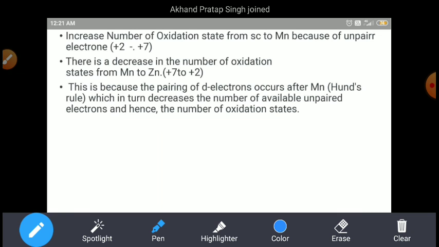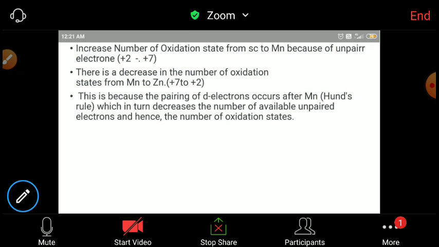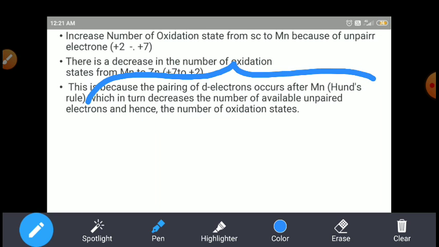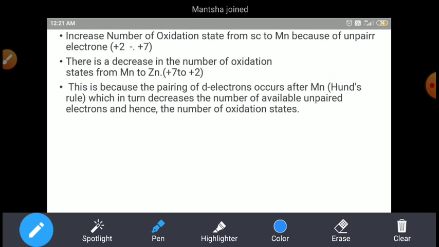This is because the pairing of d electrons after manganese decreases the availability of unpaired electrons, hence the oxidation state decreases. Is it clear, students?